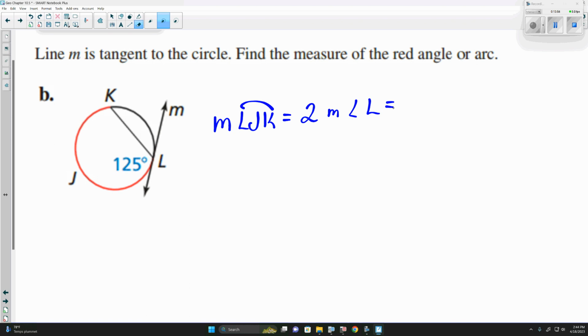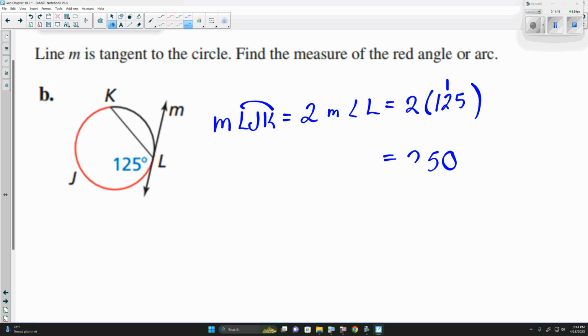Well, what is the measure of the angle? 125. So we're multiplying 125 by 2. Five times 2 is 10, 0, carry the 1. 2 times 2 is 4, plus 1 is 5.